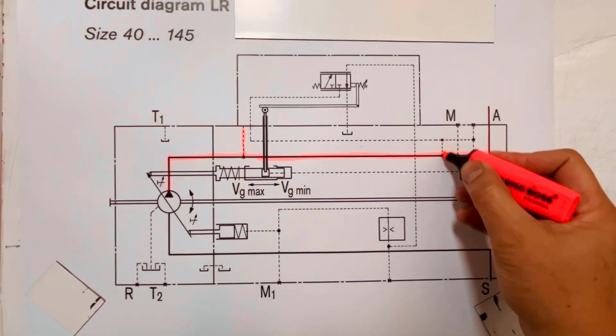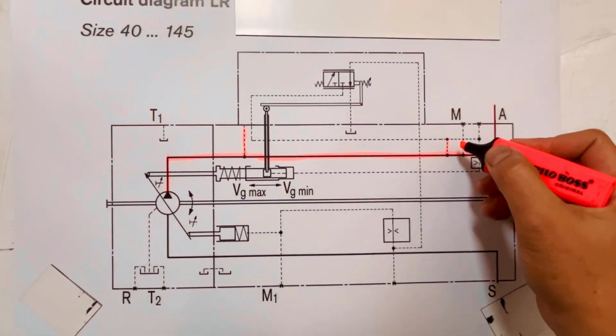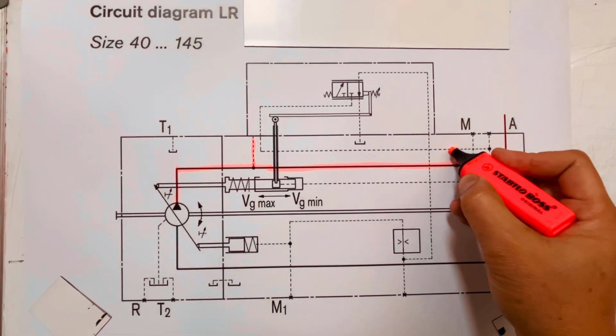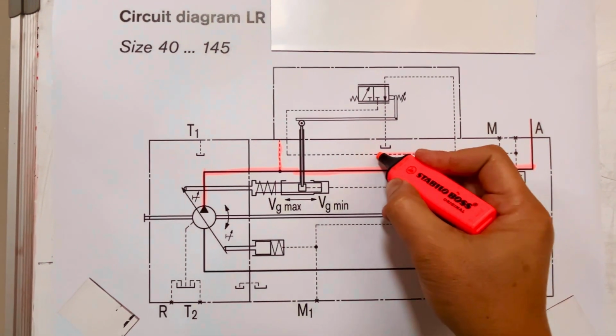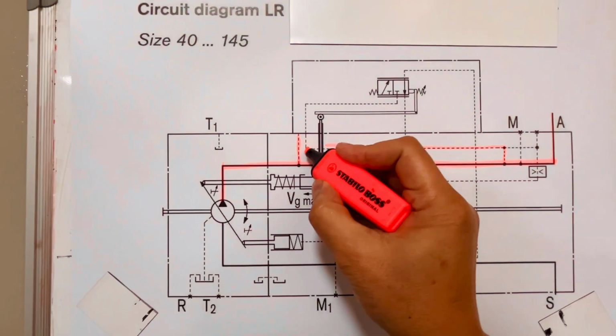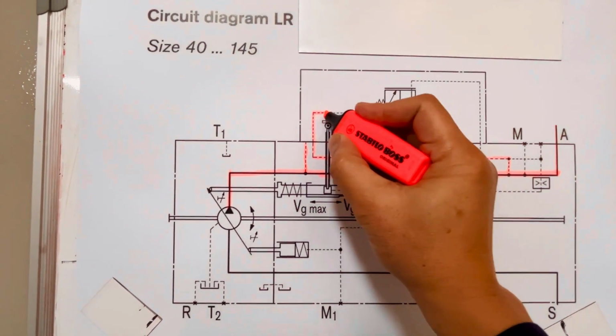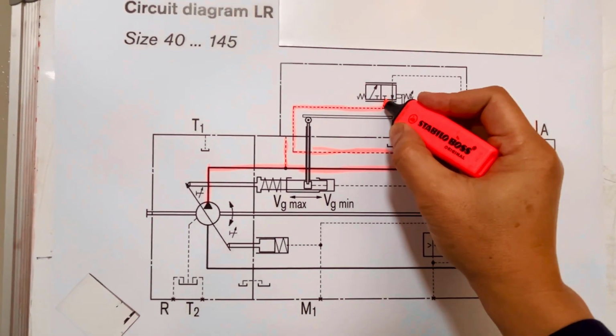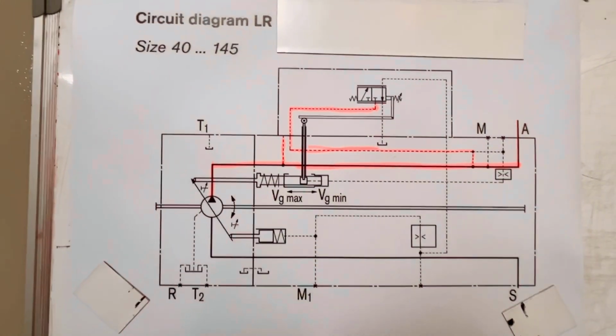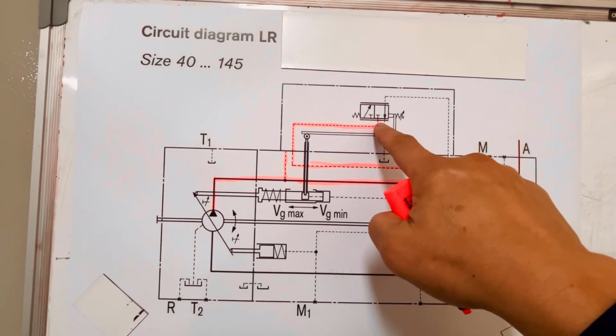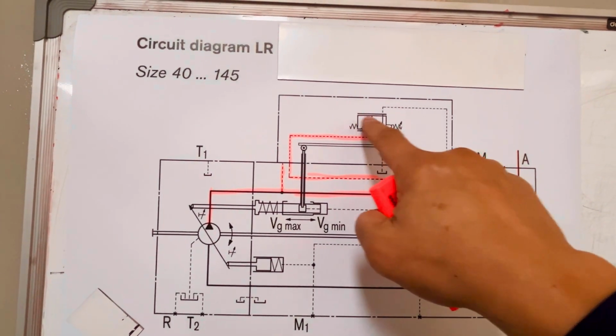So there's a small gallery. This is the system pressure, this is pilot, but it's system pressure. It goes all the way here, waiting for this spool to open.